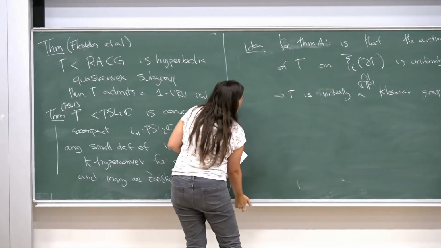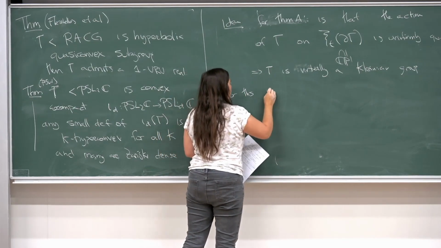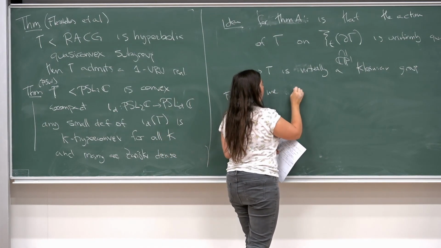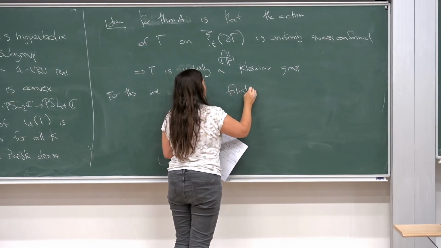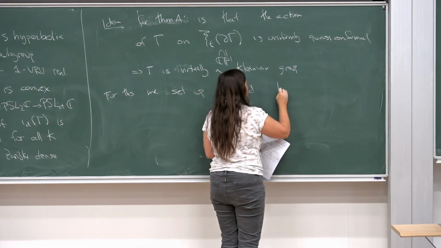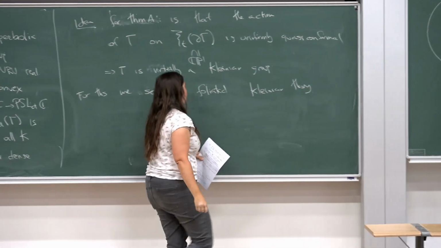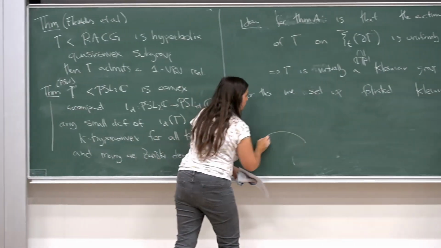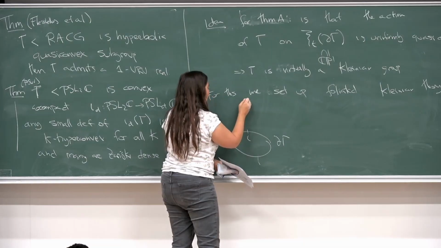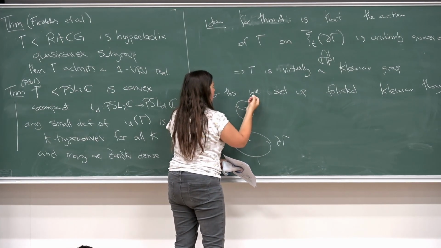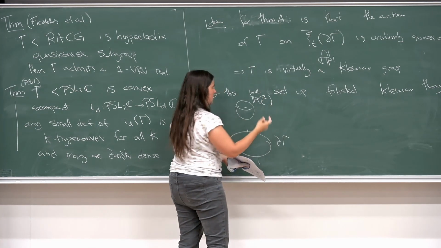And in order to prove this uniform quasi-conformality, we set up a foliated Kleinian theory, meaning that we consider a bundle over the boundary of gamma where the fiber over any point is the projectivization of T2, say in this example.